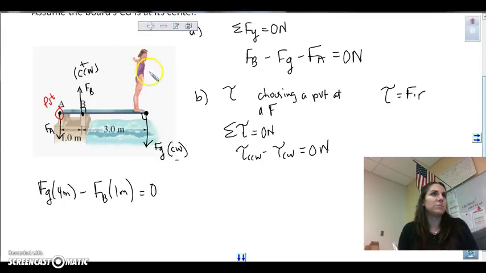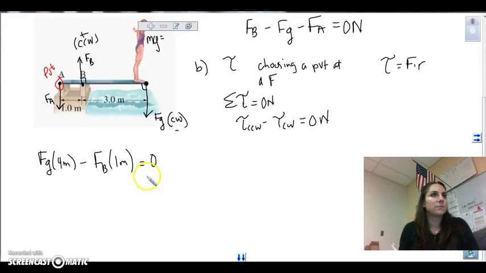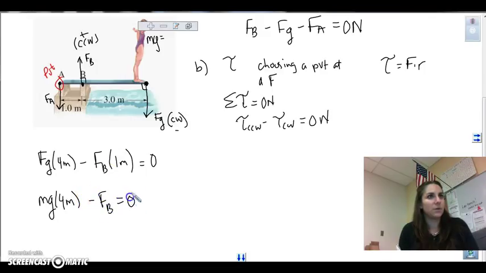So FG is going to be equal to mg of this person right here, which we actually have. The person is 58. So mg, I'll just rewrite this, times 4, and then minus FB equals 0. Obviously times 1 will make that just FB.